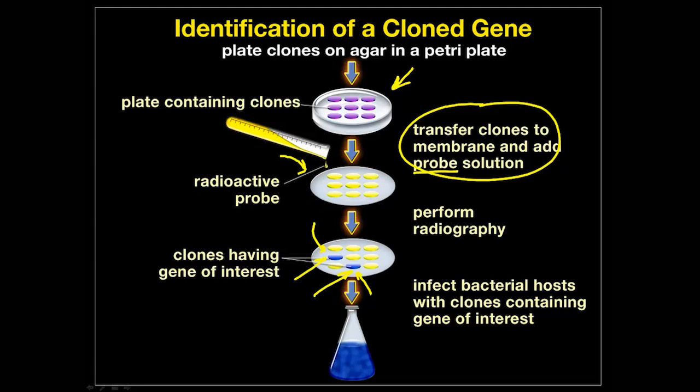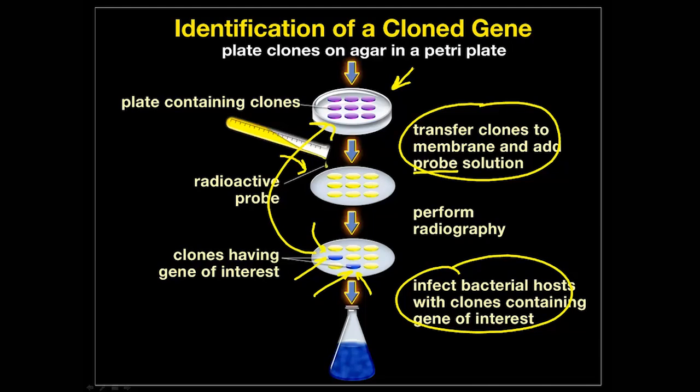But that's fine. So you just take these two out of the hundreds and hundreds that you have, and you know that those are the ones of interest. You grab those. Now, it's on the piece of paper, so what you really have to do is go back, figure out which one it was on the plate, and then take those cells. Well, actually, we don't need to worry about the technicalities because what I say here is infect bacterial host with clones containing the gene of interest.